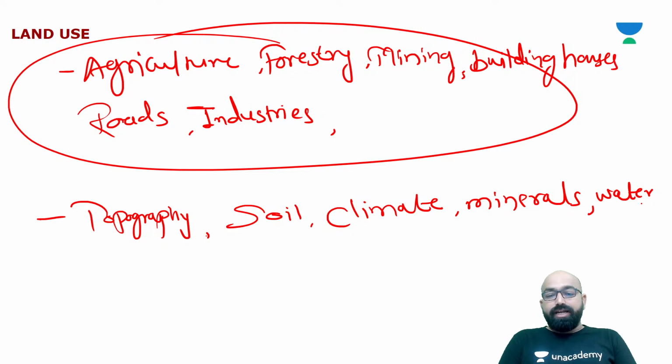When we are talking about India, the cropland is 57%, then pasture 4%, forest 22%, and other use 17%. Like Russia, cropland is 8%, pasture 5%, forest 44%, and other use 44%.